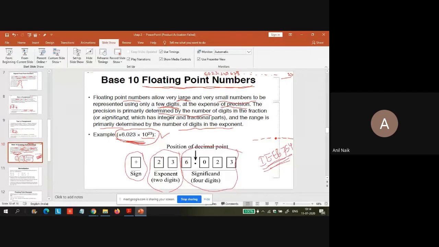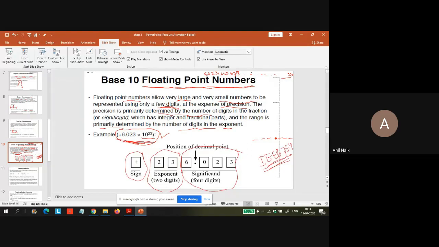Okay, so for floating point numbers, what is the advantage? Some very large numbers, like some number into 10 raised to 23, such a large number we can represent in this small format.